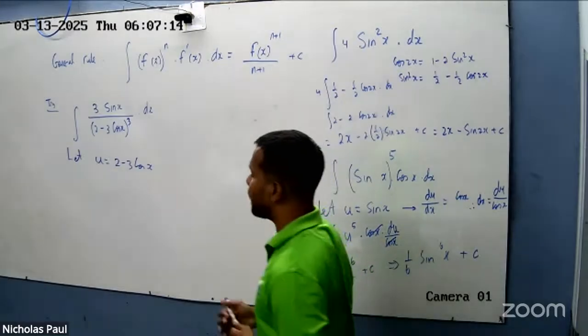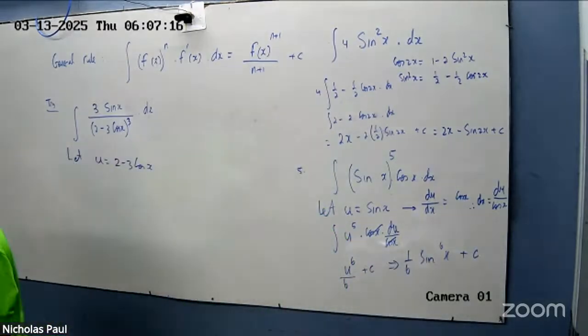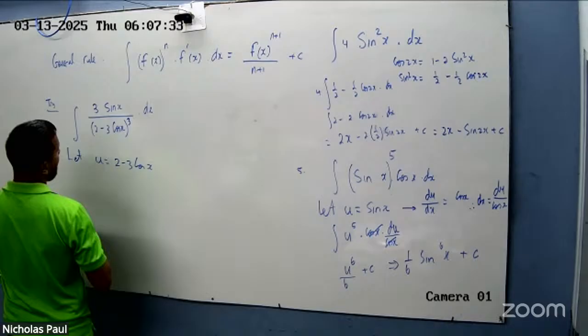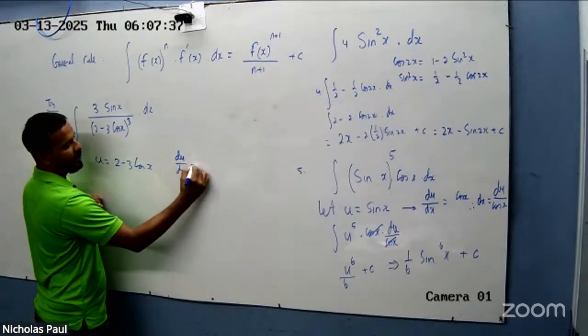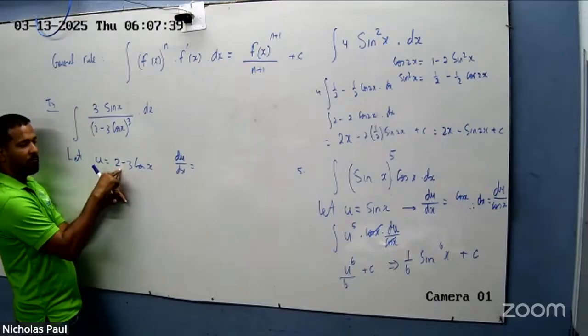All right, so what will you get here? Watch this here. How do we differentiate this? I've seen a little mistake with this. The differential of 2 is 0.